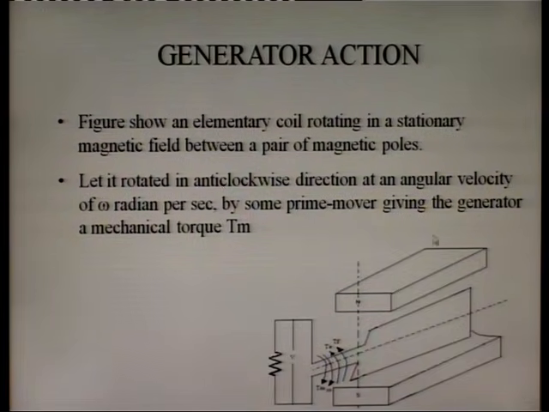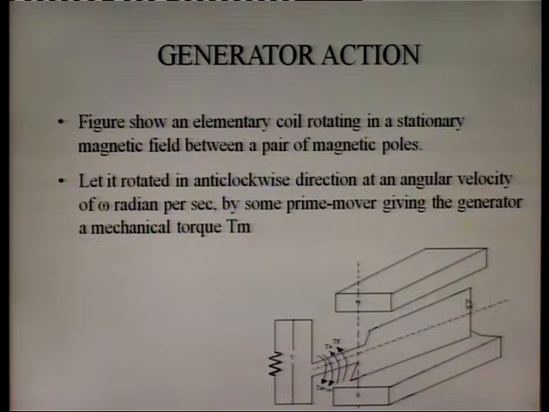So this is the first action: we apply the mechanical torque, the coil rotates and cuts the magnetic flux, an EMF is induced in the rotating coil, and current starts flowing through the load resistance R.